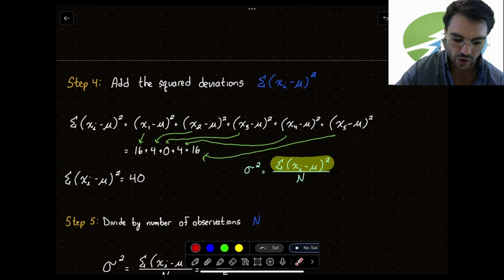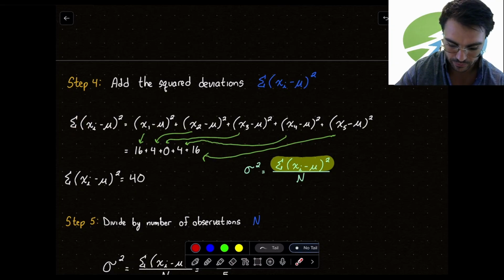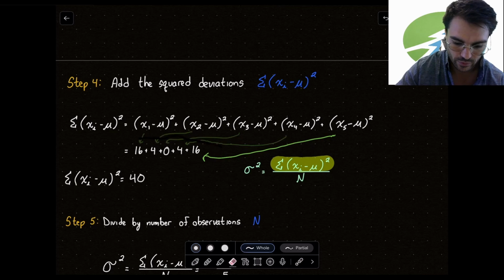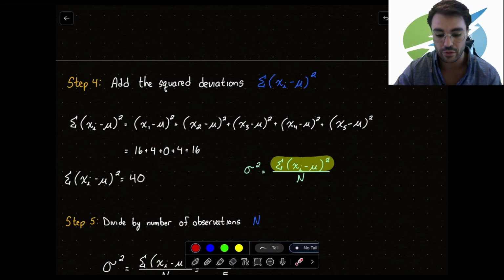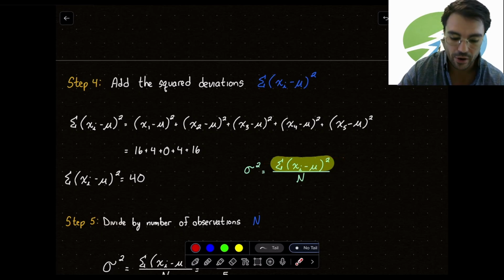Again, we derived all these from the previous step, but this shows the summation means we add up all of the values that we calculated in our last step. And when we add them all up, the new value we get is 40. 16 plus 4 is 20, 4 plus 16 is 20, 20 plus 20 is 40, 0 does nothing. All right, so that's this step here.